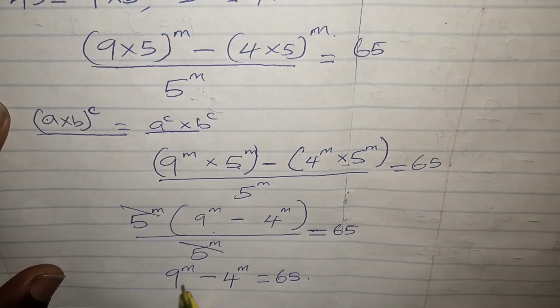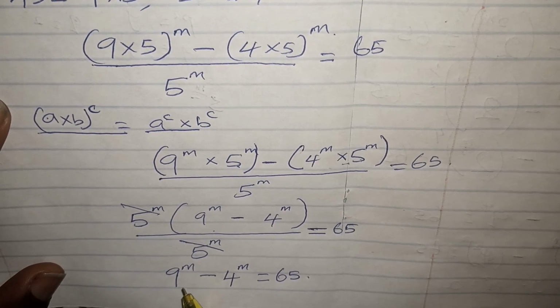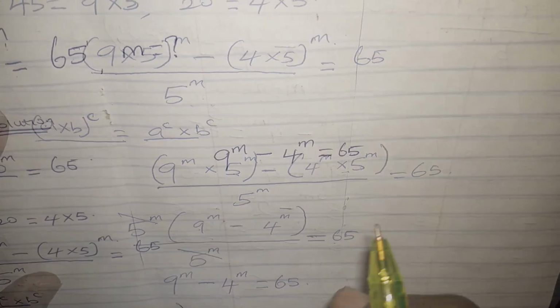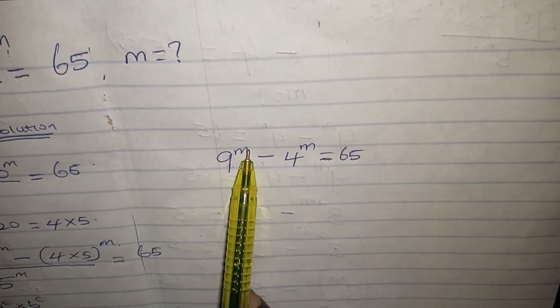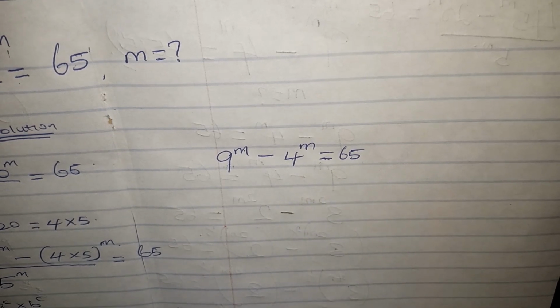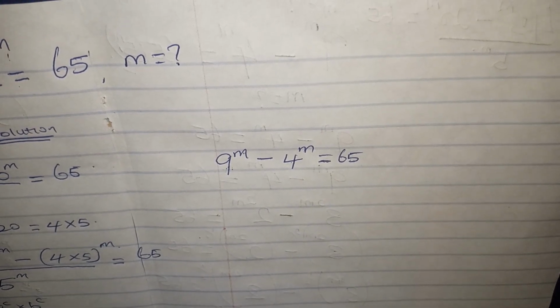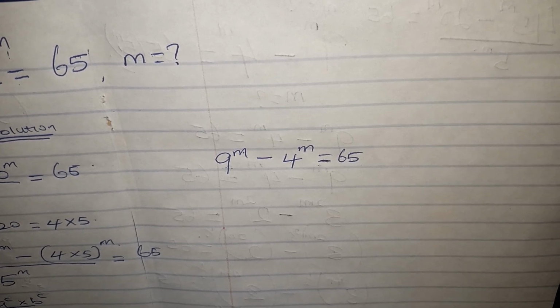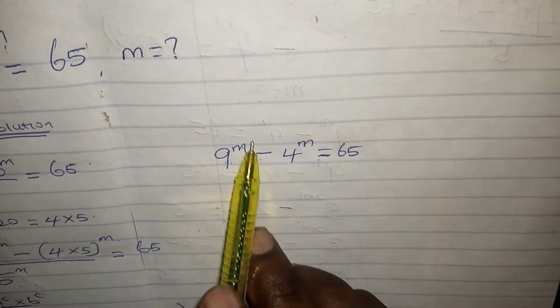Still, we are still having m, so let's move further to solve for m. Since we now have 9 to the power of m minus 4 to the power of m equals 65, the first thing we can do is to rewrite this again.